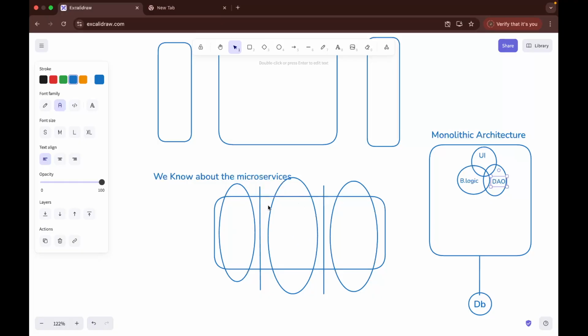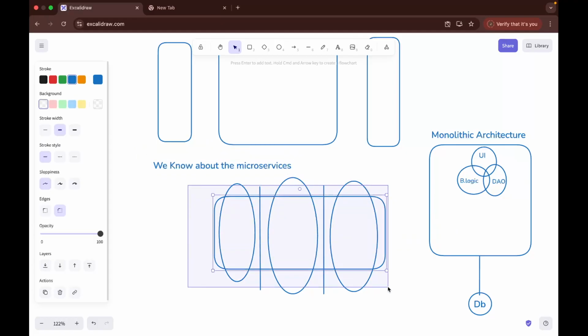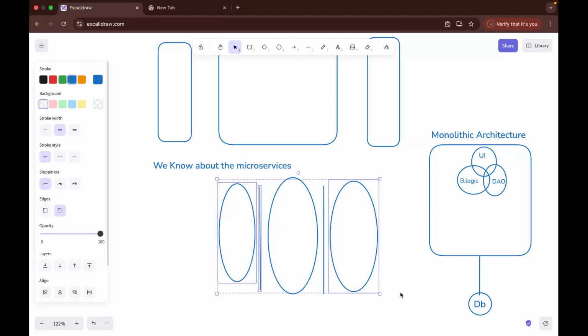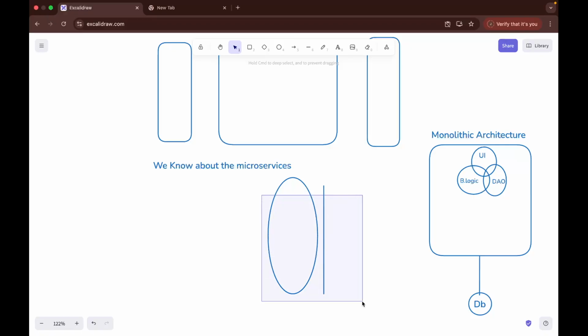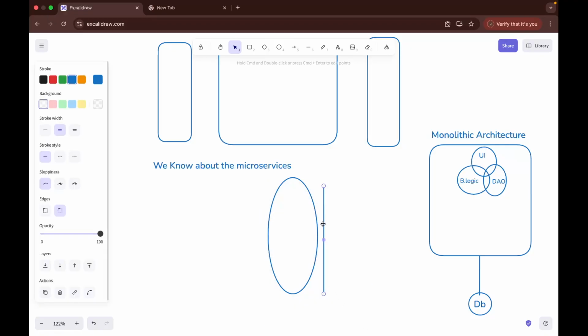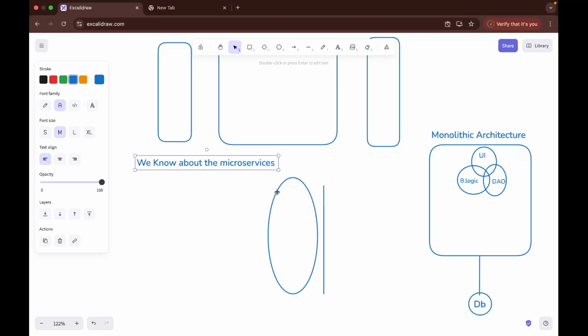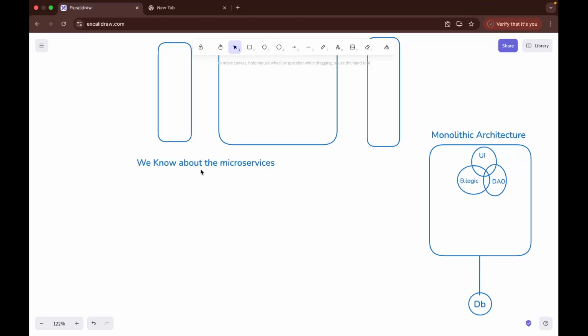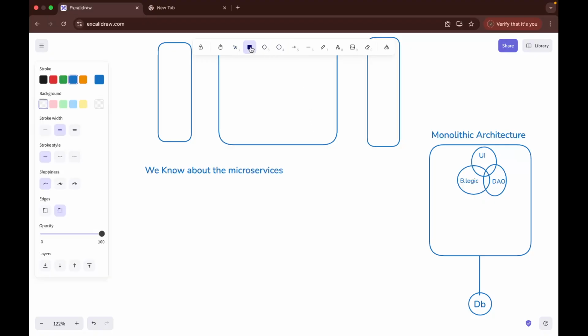Microservices are the best approach for complex applications.